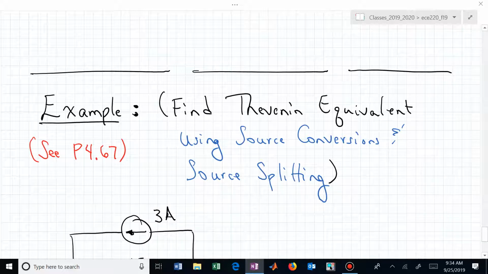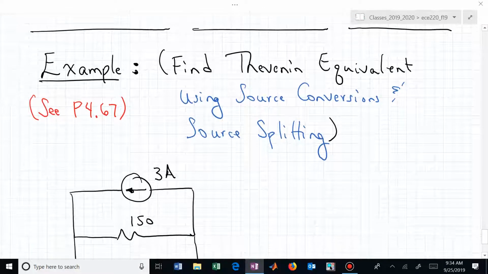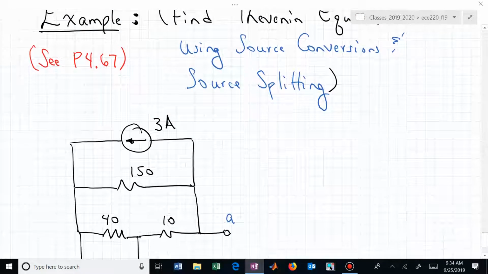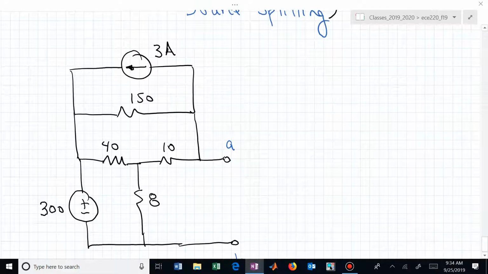Now, if you weren't strapped in before, now we really need to be strapped in. Let's do all of this together. So now we have different pieces and parts. We have source transformations, source combinations, and source splitting, and now we're going to try to do all of that to simplify this circuit.